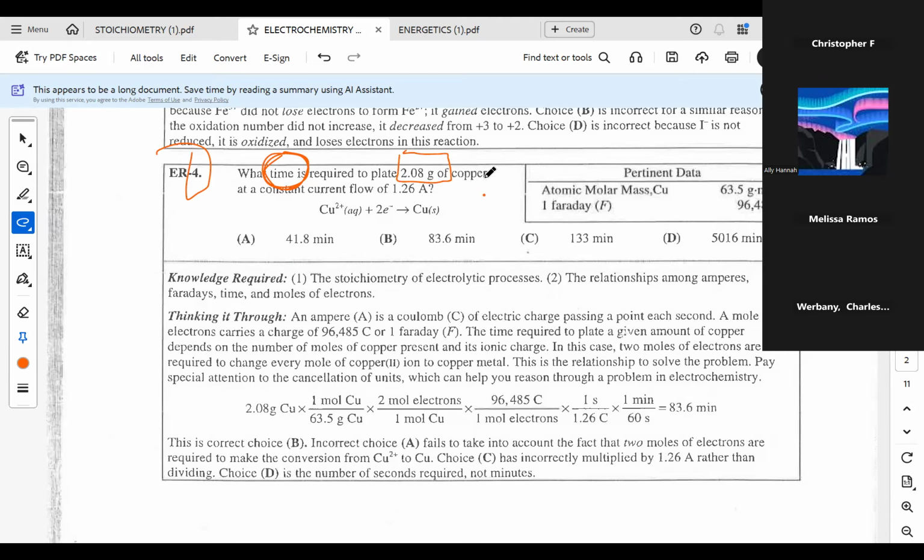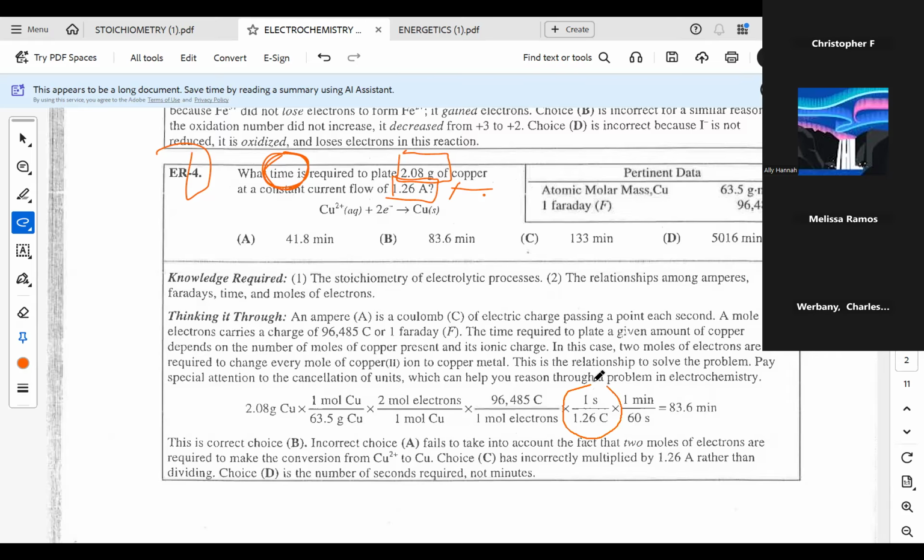This is that electroplating that I'm referencing. And we're told the current here. So we're given a few bits of information. We're told the current, constant flow here. And one thing that we should note is that this unit ampere is also a coulomb per second.